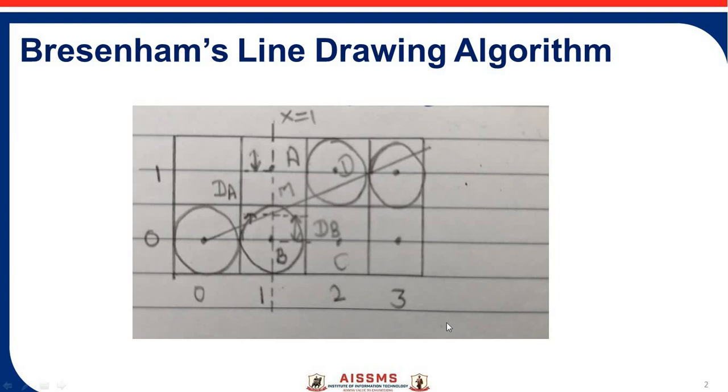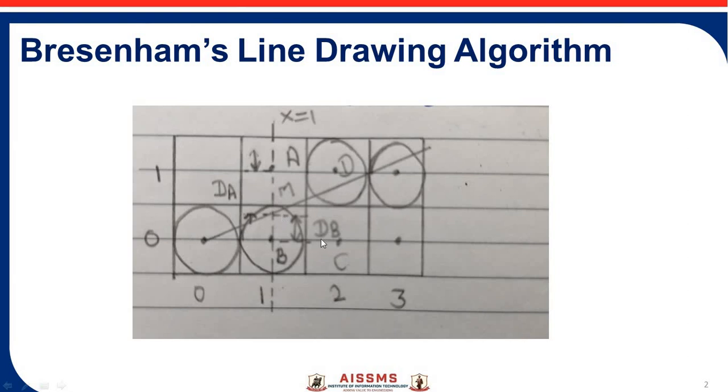Error or decision variable. Here, if you are comparing vertex A and B, the distance above the line, that means vertex A, and the distance between the line and the vertex B is dB. dB minus dA or dA minus dB, distance above minus distance below or distance below minus distance above, is the error or decision variable.